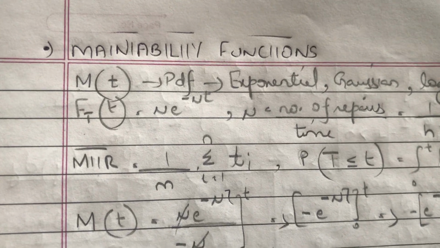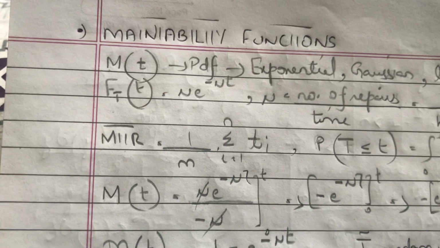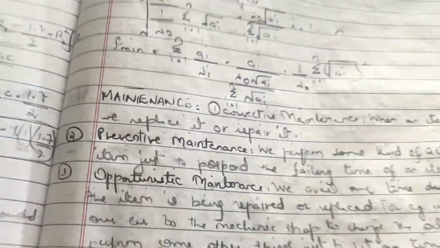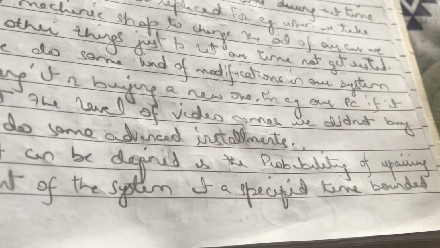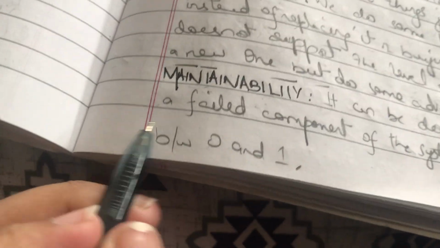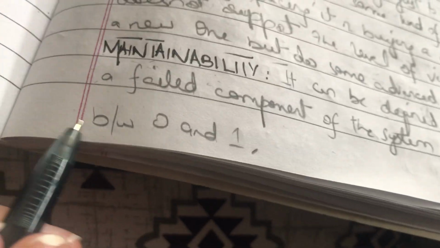Now we have maintainability functions. You remember I told you in my previous video what maintainability is. So let's have a look at what maintainability is. It can be defined as the probability of repairing a failed component of the system at a specific time, bounded between 0 and 1.